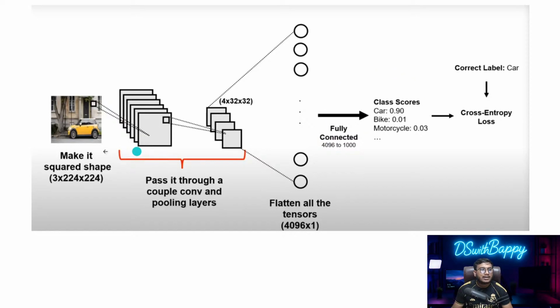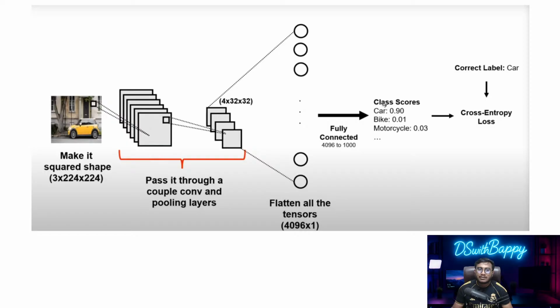It will classify what kind of image the given image is, what kind of object is present in it. Let's say we are using the softmax activation function, so it will give you the probability score. Car has 90% probability, bike has 0.01 probability, and motorcycle has 0.03 probability. That means I can say this is a car. This particular image has been classified as a car.